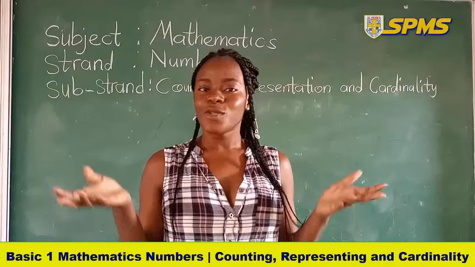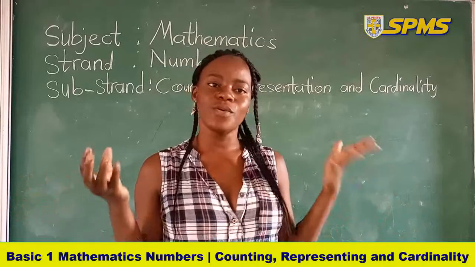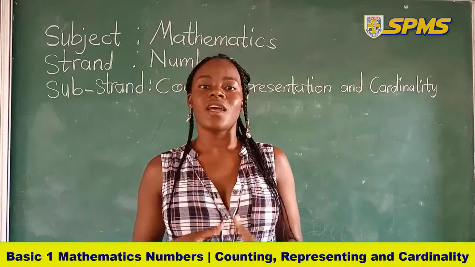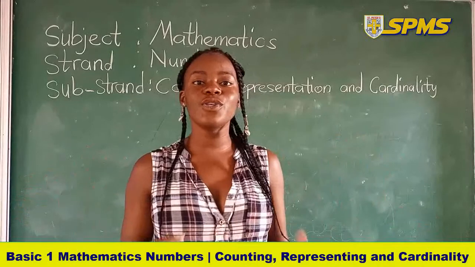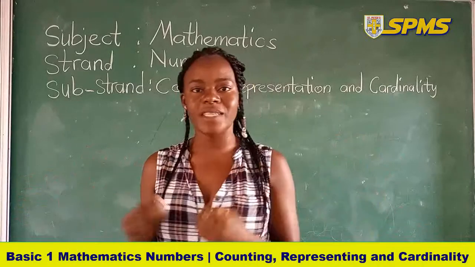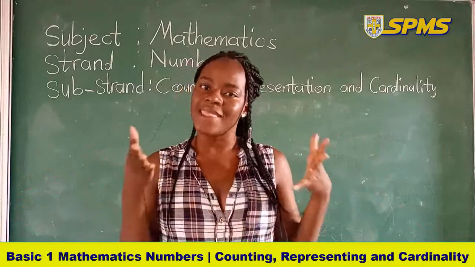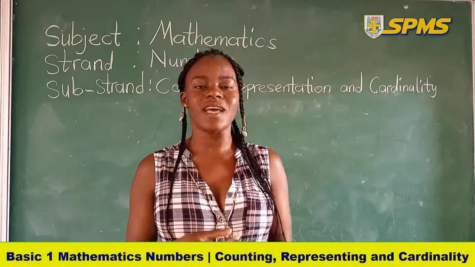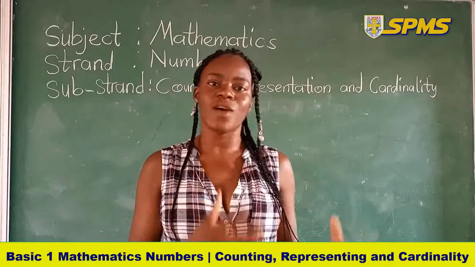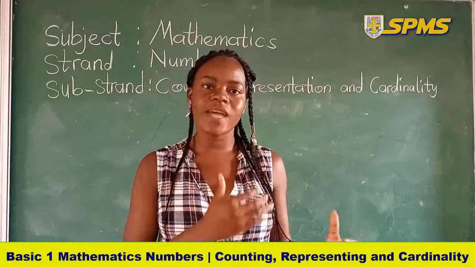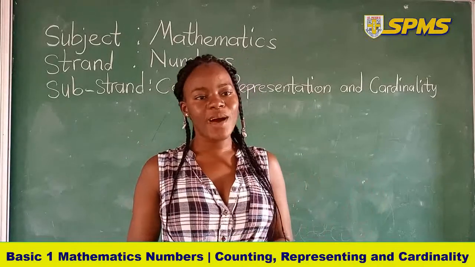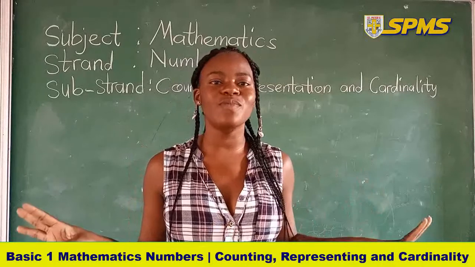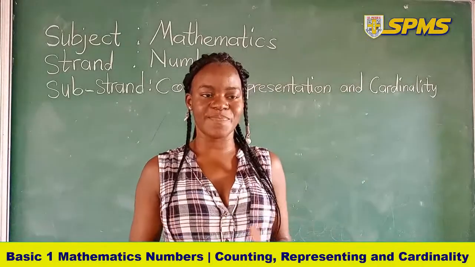Good. So in our previous lesson, we talked about how to use strokes and bundles to represent what? Numbers. And we looked at number names, how to spell numbers in a sequence form. Now today our lesson is going to be very interesting.